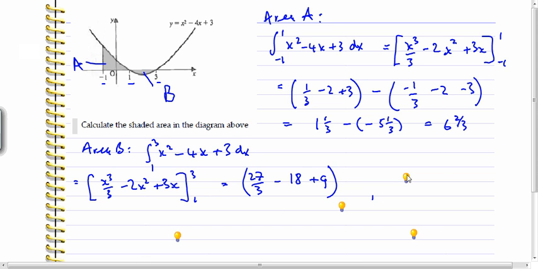And then we take away what we get when we sub 1 into this expression. The first one, 27 over 3 is just 9, plus 9 minus 18 is 0. And this one becomes -2 plus 3 is 1, 1 and a third inside the bracket, but it's -1 and a third.